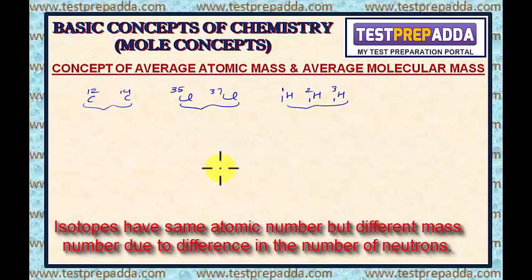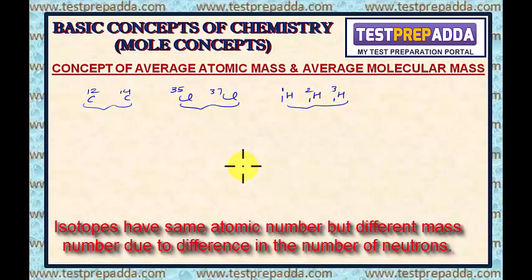For these elements, we do not write individual atomic masses. Depending upon their percentage abundance, we find average atomic mass. These elements are present in different abundance in the atmosphere.